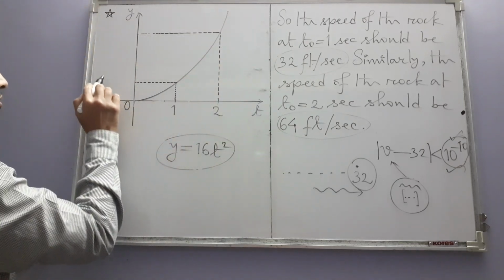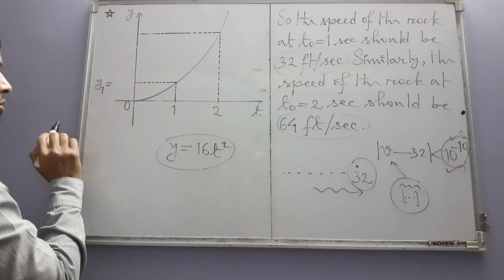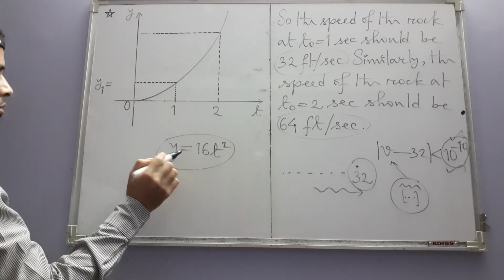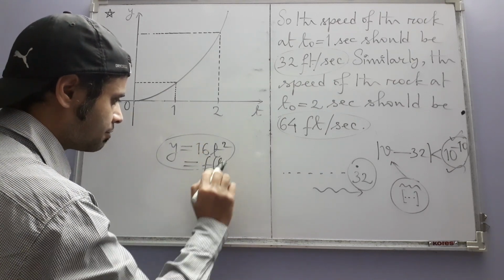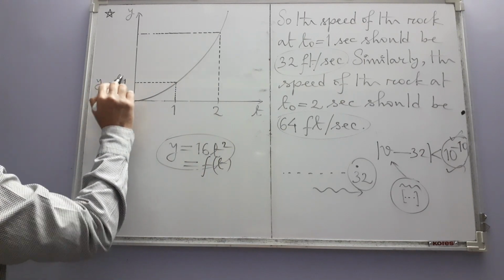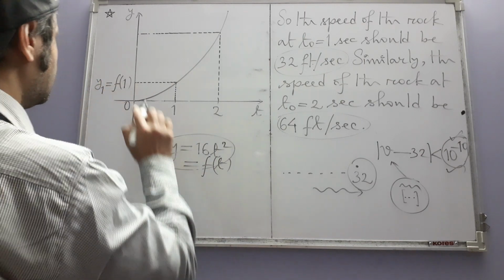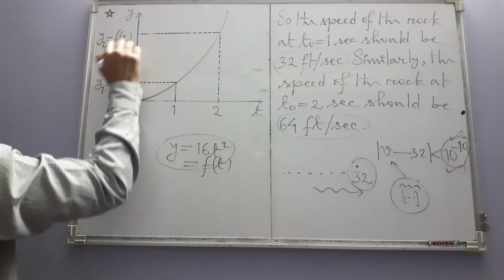Okay, so this is y1, which is, let me give it some name. Say it is f of t. f of t is 16t square. So this is f of 1, and this is y2, f of 2.